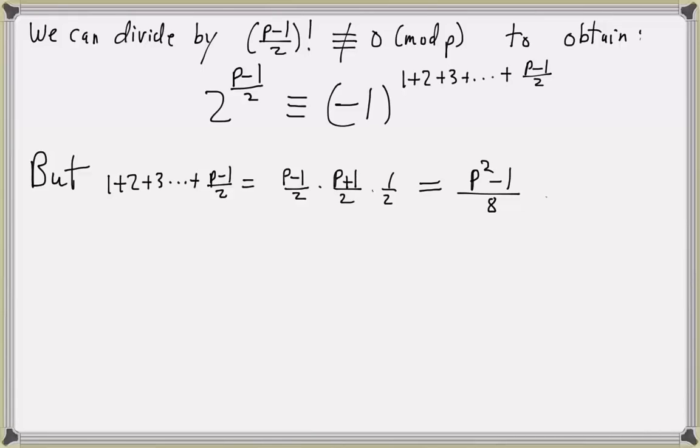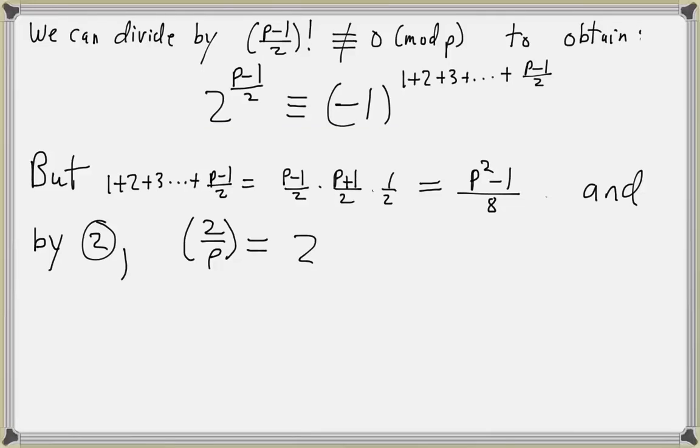And that's the exponent we need in the formula for property 6. So let me just wrap this up. If you notice that the left-hand side, 2 to the power (p minus 1)/2, is congruent to the Legendre symbol (2/p) by Euler's criterion.